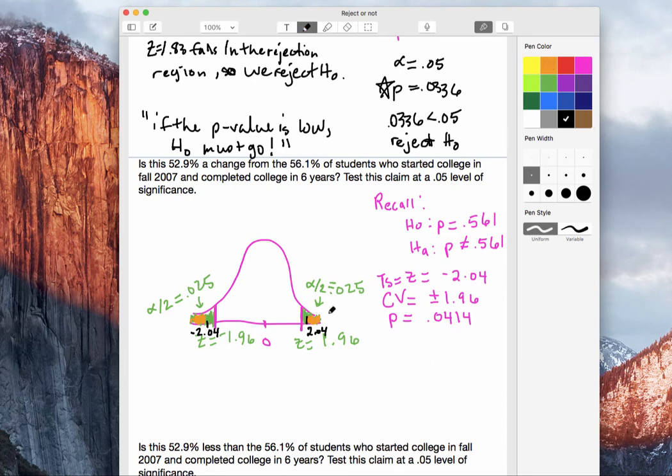So back to the critical values, we reject H naught because negative 2.04 fell in the rejection region.